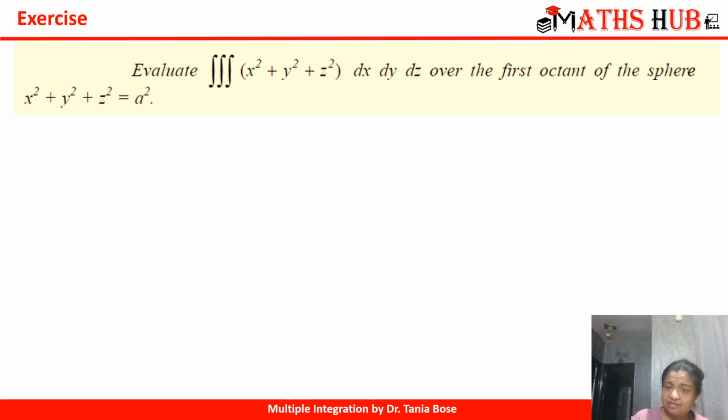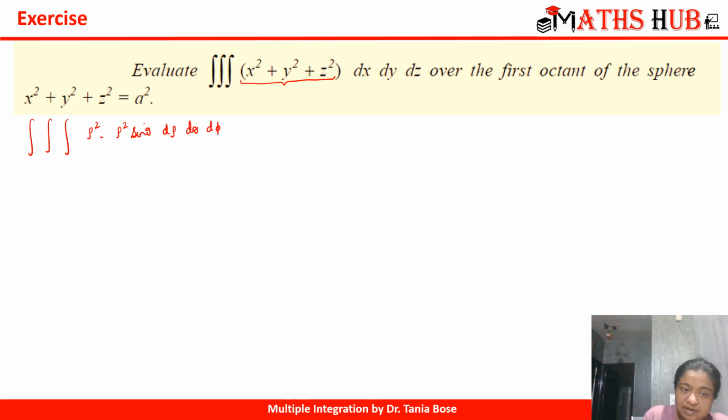Now, when I say it is the first octant, that means our x, y, and z all are in the positive coordinate, right? So now when I convert this into spherical polar system, first of all, the integrand x square plus y square plus z square gets converted to rho square. Then the Jacobian is rho square sine theta. Then we have d rho, d theta, and d phi.